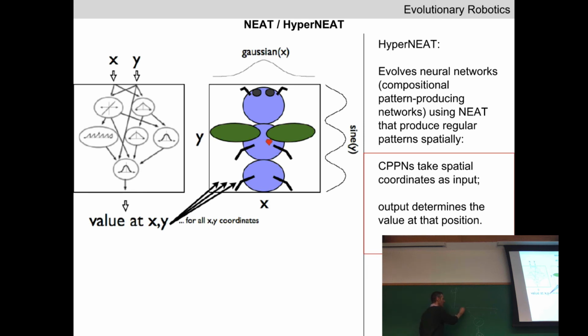Let's go to X equals 0.1 and Y equals 0. How much white should we put here? 0.1 times 1 is 0.1. 0.1 times 1 is 0.1. So a little bit of white chalk.